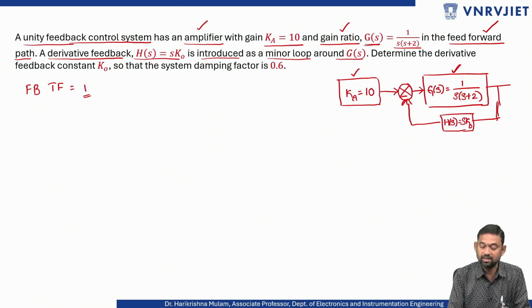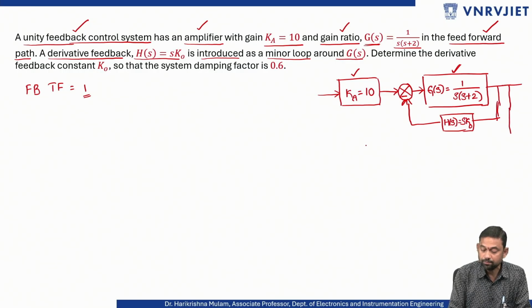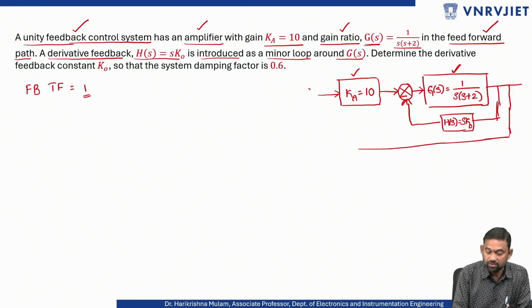This amplifier and this gain ratio are in series, in the forward path. Therefore, we need to join them like this. And this is the total system, for which the feedback is unity. Therefore, once again, you need to show one more feedback, feedback for the entire system, which is unity feedback.